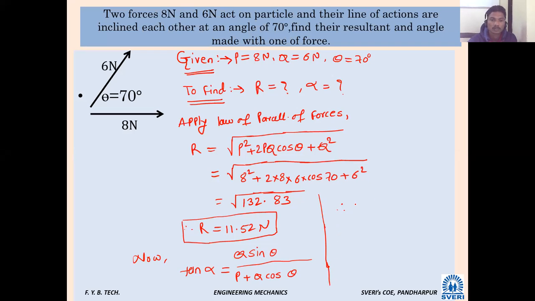Therefore, tan alpha equal to, value of Q you know, 6 into sin 70 divided by P, value of P is known, 8 plus value of Q 6 into cos 70. What is the value of the numerator? 6 sin 70.